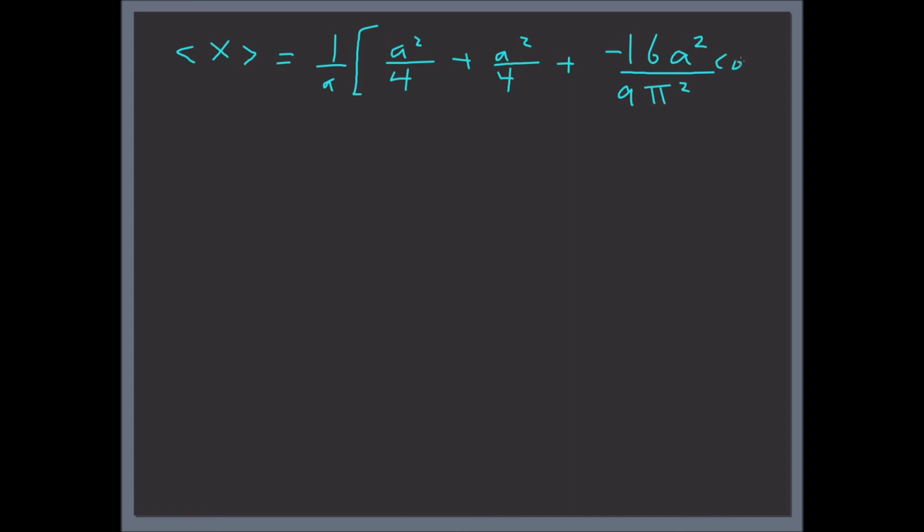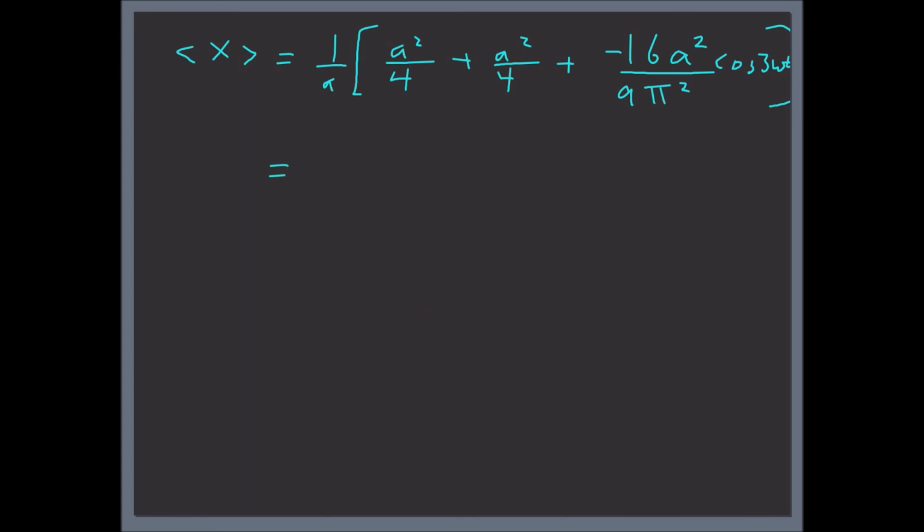So the expectation value of x equals 1 over a times a square over 4 plus another a square over 4 plus minus 16 a square divided by 9 pi square times the cosine of 3 omega t, close brackets.